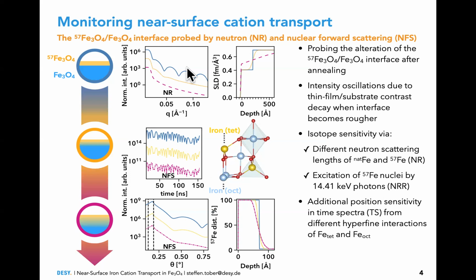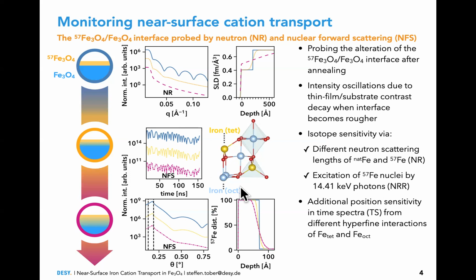And also site selectivity, selectively by nuclear forward scattering. So in nuclear forward scattering, we use the Mössbauer activity of iron-57 and observe the temporal decay of the excited nuclei via time spectra, which look like this. And as the hyperfine field of tetrahedrally and octahedrally coordinated cations in magnetite are slightly different, this method is also site selective.